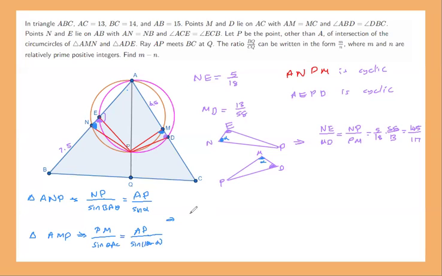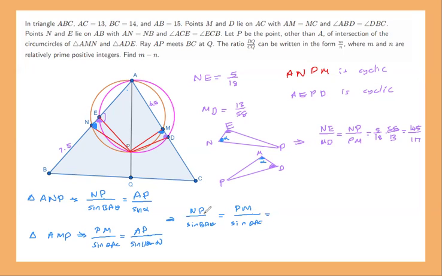And that will give us NP over sine BAQ is equal to PM over sine QAC, because that was QAC.